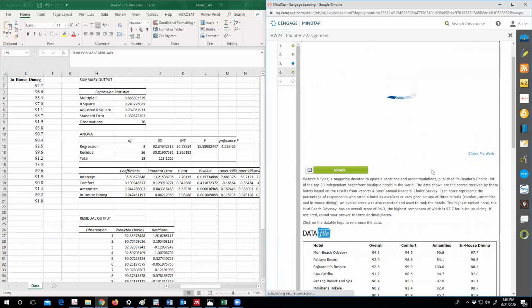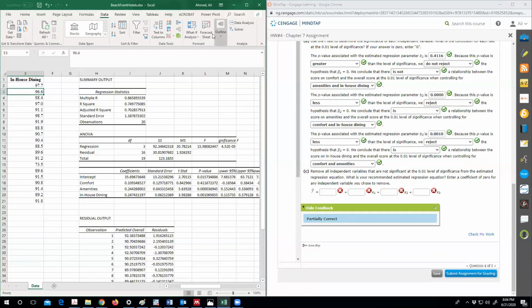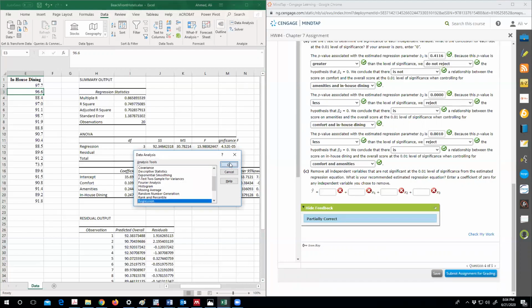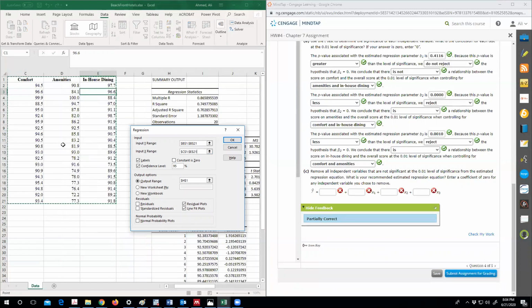So I think we have to run the regression again. For the last question, they're saying if a variable does not have a relationship, just take it out. So we can run the regression on these two.